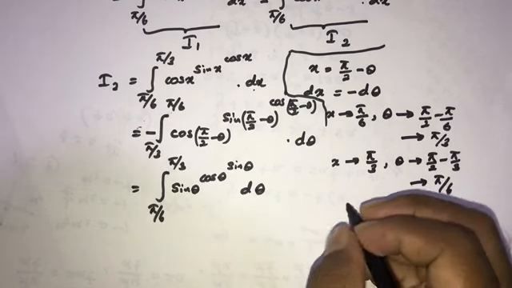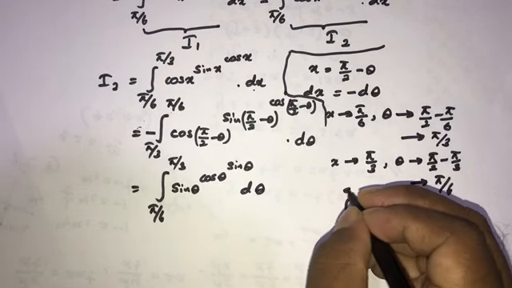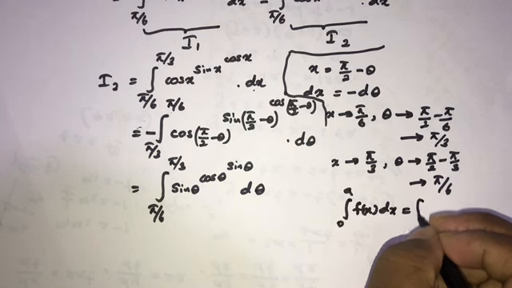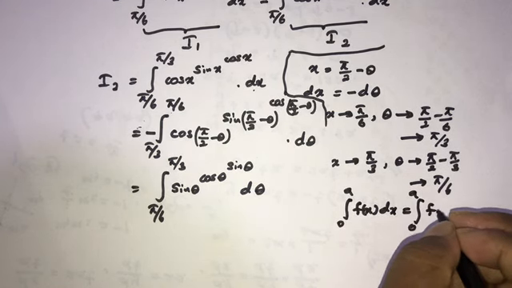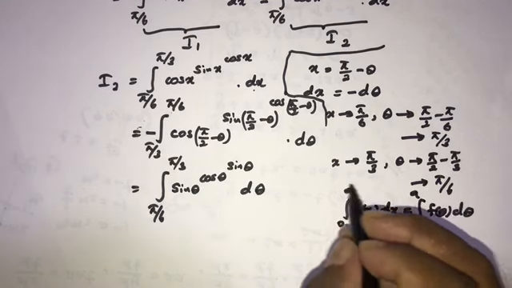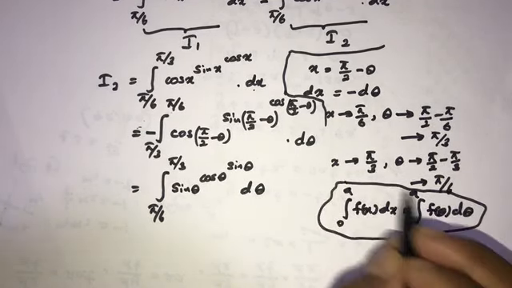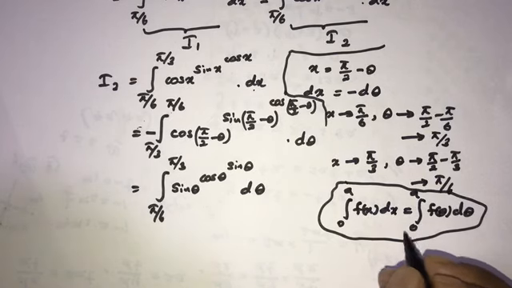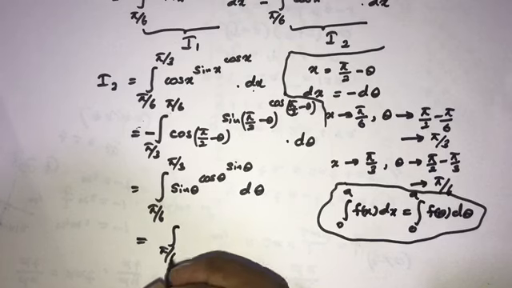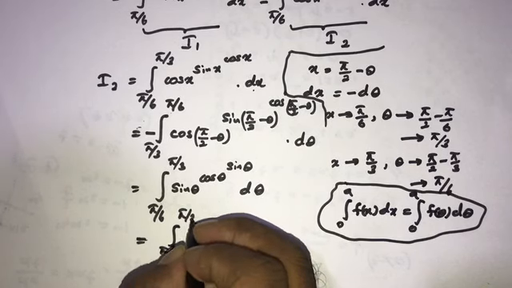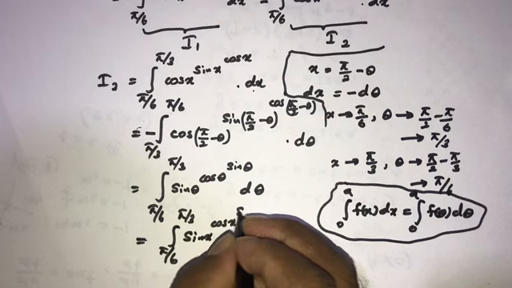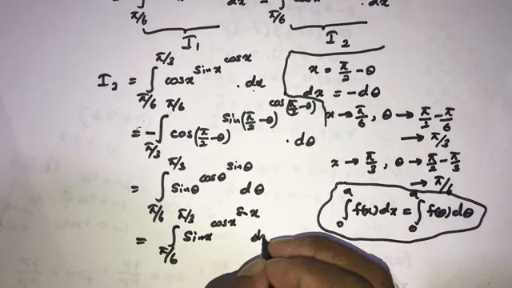Okay, now we know this property: the integral from 0 to a of f(x) dx is equal to the integral from 0 to a of f(θ) dθ, because the definite integral is independent of the variable. So we can write this is equal to the integral from π/6 to π/3 of sin x to the power cos x to the power sin x dx.